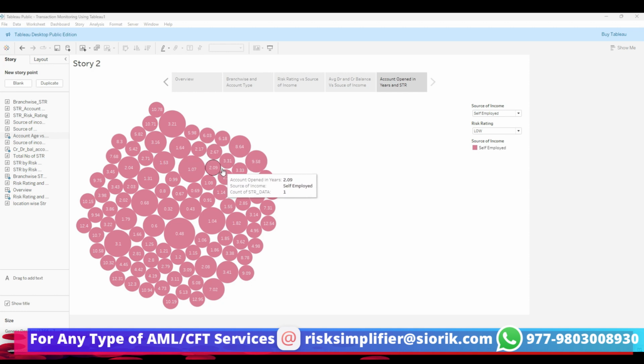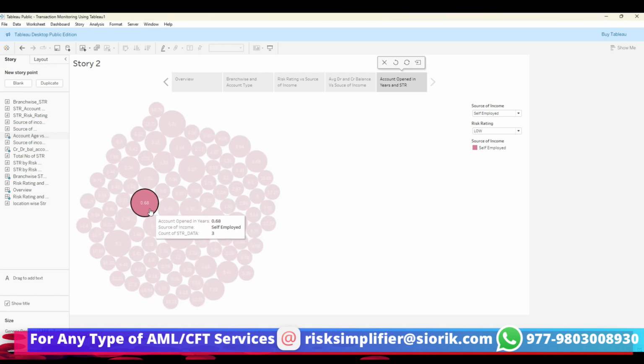From this bubble chart, we can see that for those accounts for which we have filed a high number of STRs, their duration of account opening is less than 1 year. The bubble size represents the number of STRs that have been filed. So for this huge bubble size, we can see that account open duration is less than 1 year.